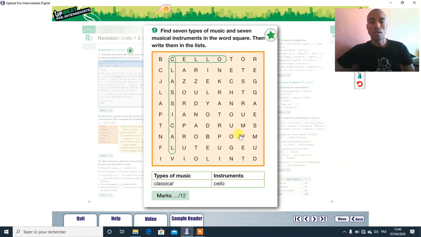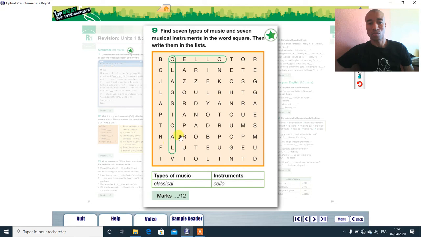In this puzzle, right? The question says find 7 types of music and 7 musical instruments in the word square, then write them in the list. And I think that we have 2 examples here, a cello and a classical.